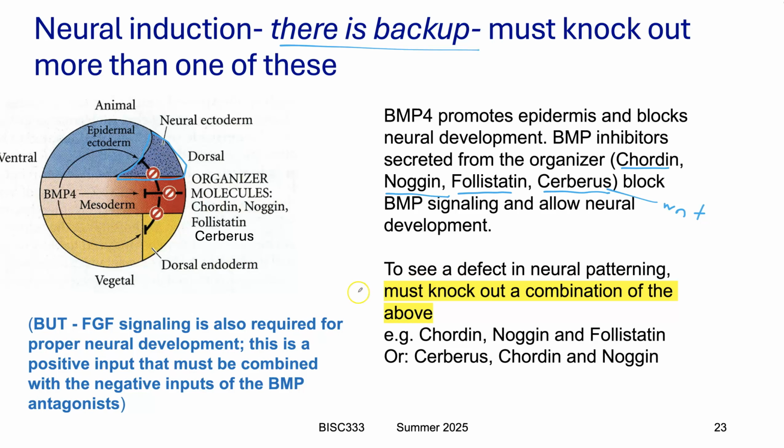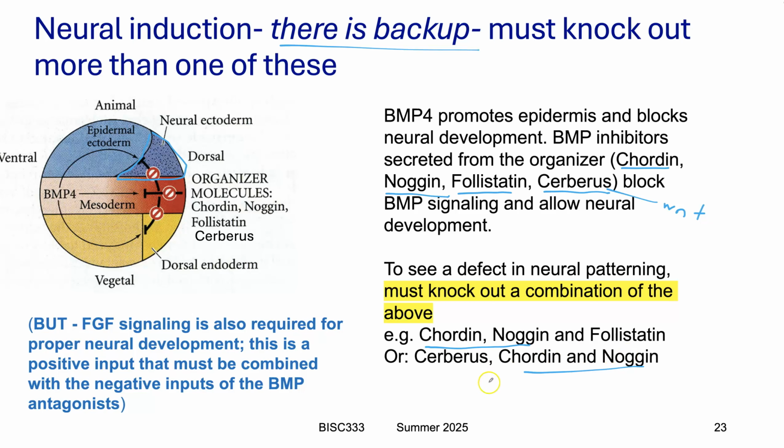You need to see a combination of them knocked out, because the formation of a nervous system is a very important part of development. If you don't have a functional nervous system, you don't have a functional organism, right? And so there is a lot of backup. In order to see a defect in neural patterning, you have to see chordin and noggin both knocked out, plus follistatin or plus Cerberus.